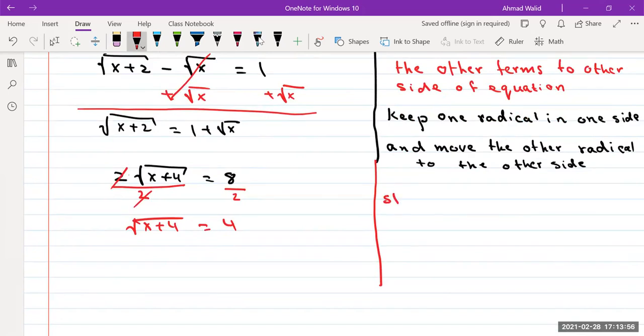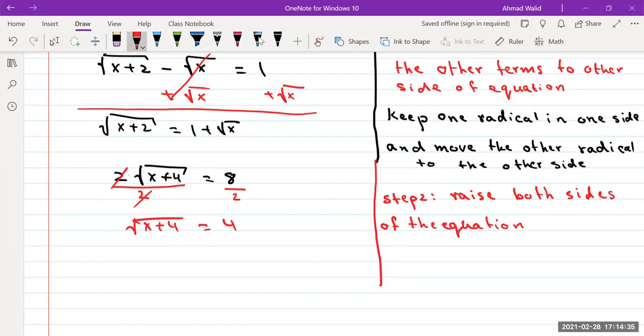Step 2, raise both sides of the equation to the nth power.